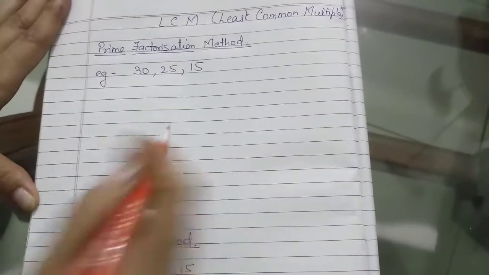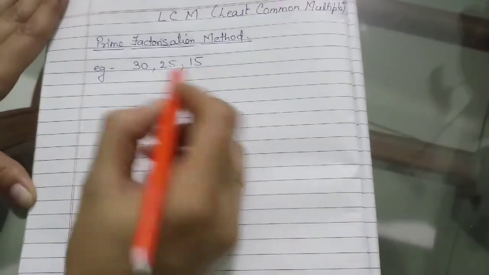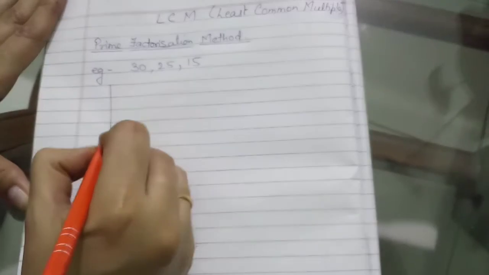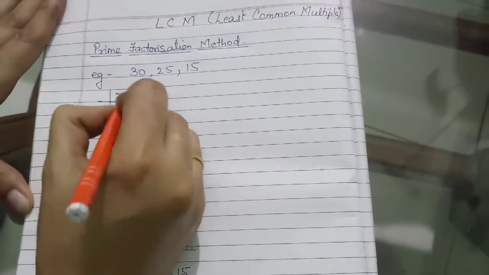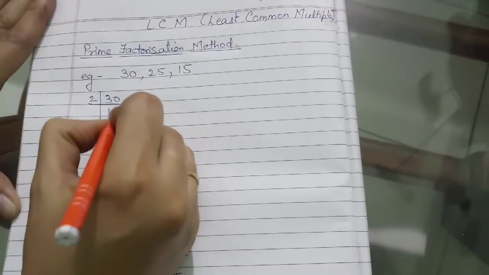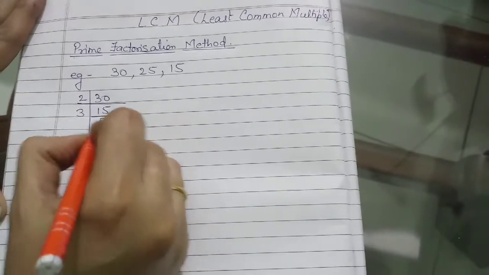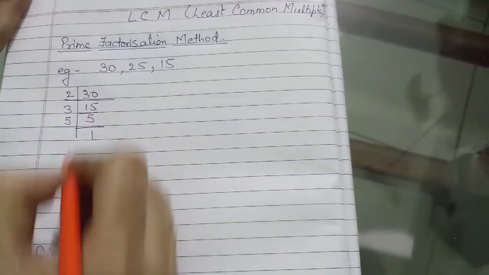For the prime factorization method, you have to find the prime factors of 30, 25 and 15. So we will take them like this. 30: we start from 2, 2 15s are 30, then I take 3, 3 5s are 15, then 5, 5 1s are 5.